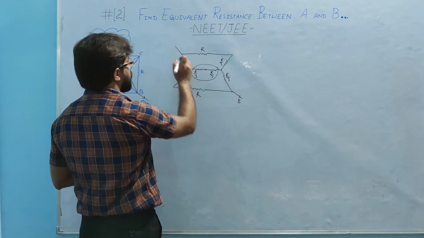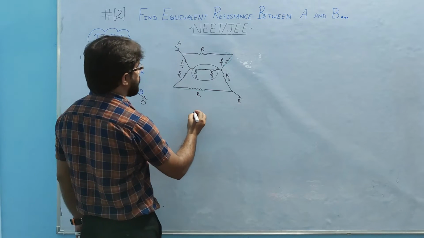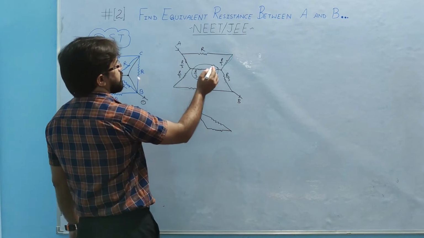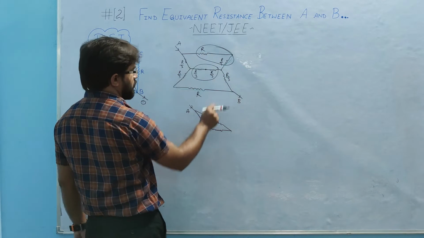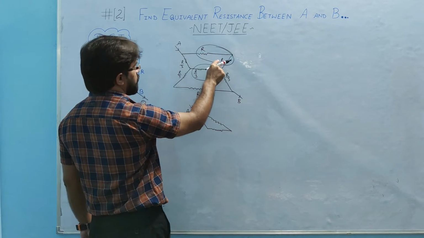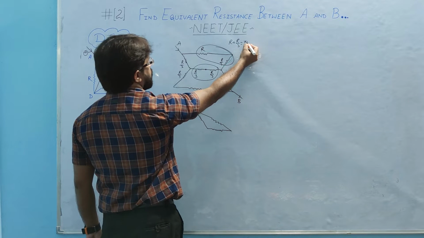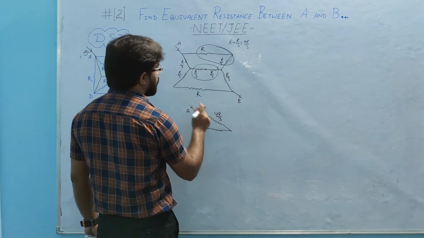So this was B, this is A. So I am redesigning it. Be careful while redesigning it. This section is now giving only one resistor. That resistor I have shown here, R plus R by 3. It becomes 4R by 3. So this is 4R by 3.